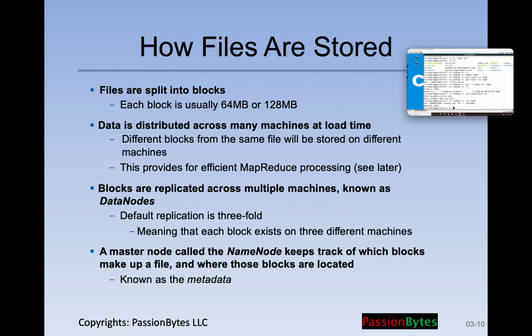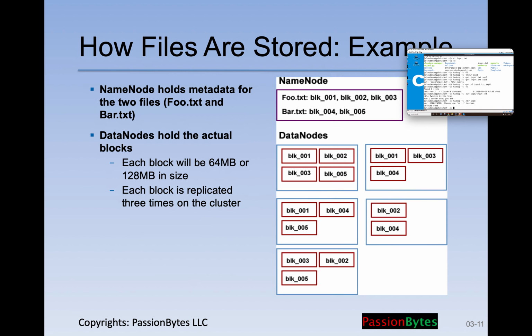That's what this is saying. Files are split, data is distributed, and we have already covered this. Blocks are replicated across multiple machines called data nodes. The master node called name node keeps track of which block is located where. That is called metadata, it is called the ledger, it is called FS image. There are different words for that. This is the diagram that you all did in the last class, and today I explained it again with a truck example.